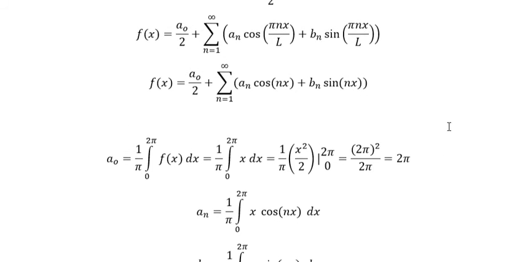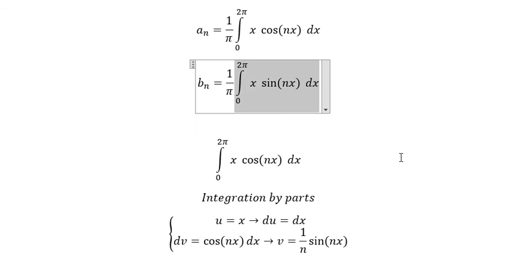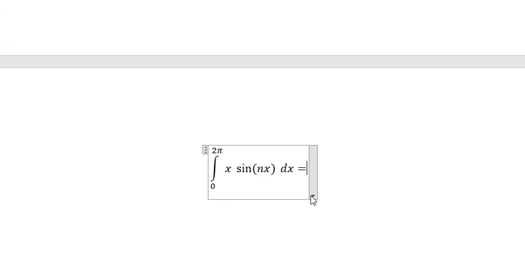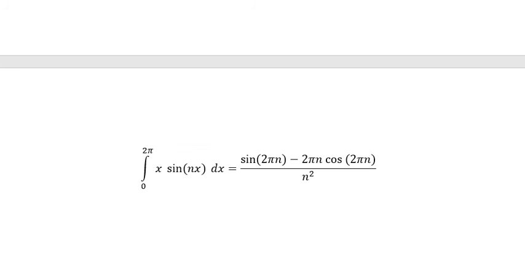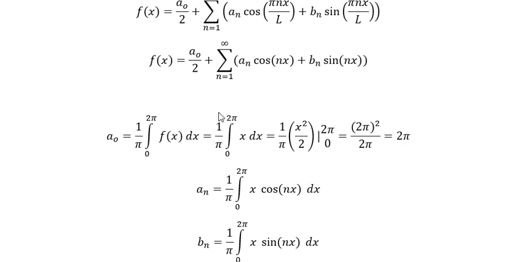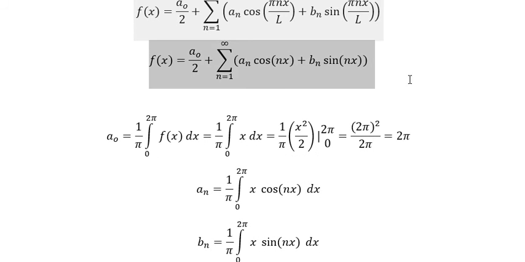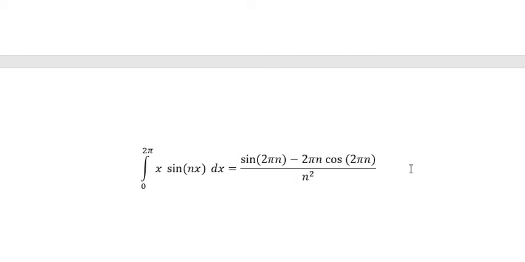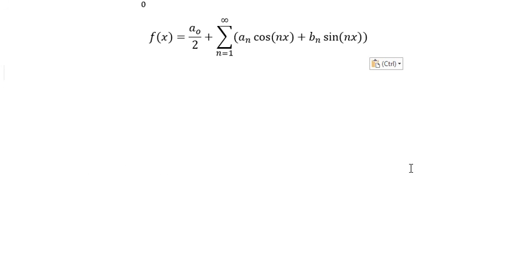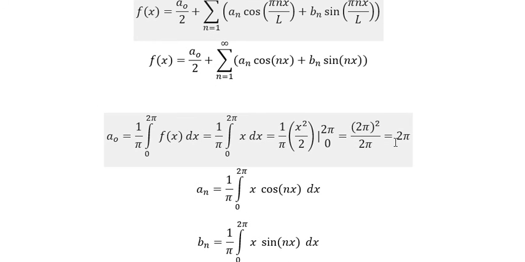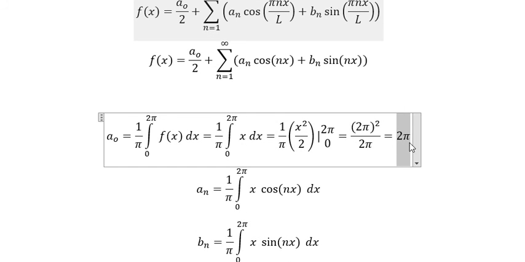Now we can do similar for the second one. And this one we have, and that should be like this. Now we go back to this one. So a0, we just calculate in here, and that is 2b.